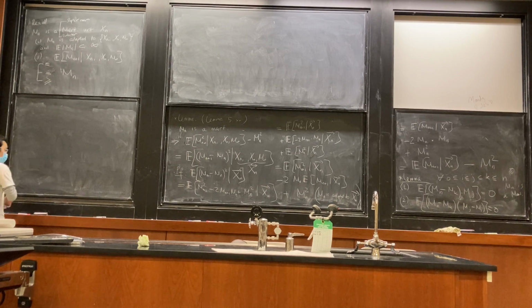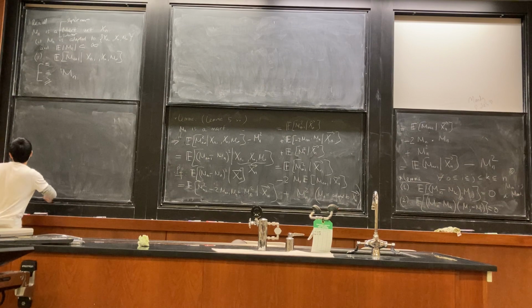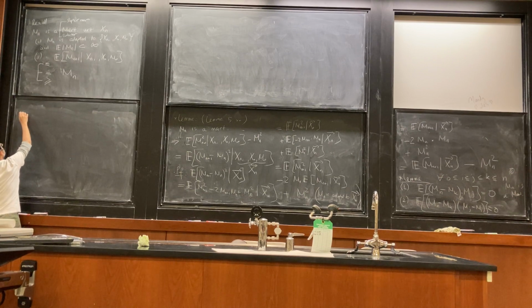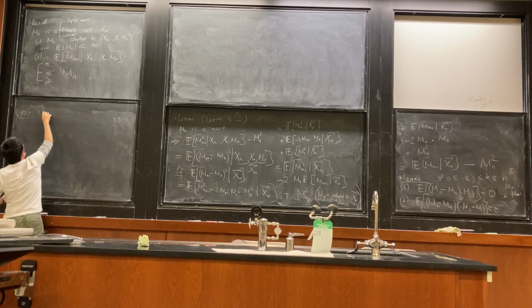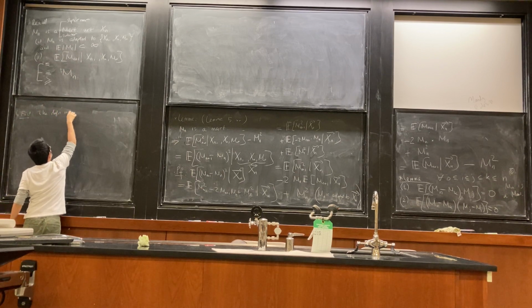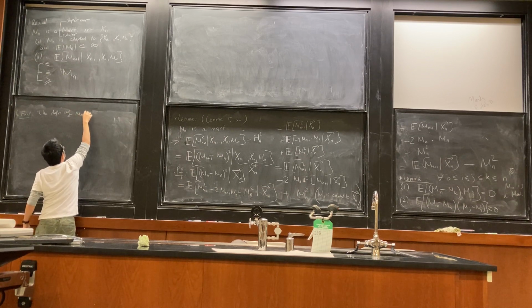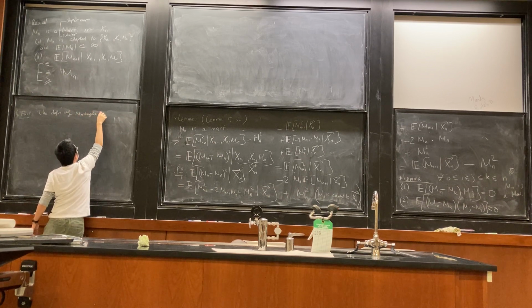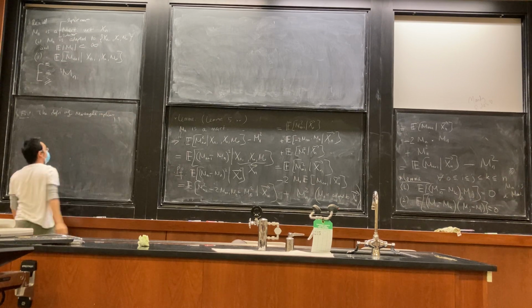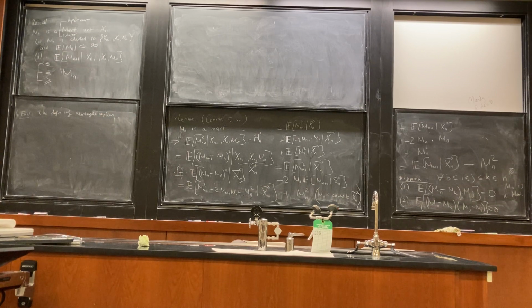To do this problem, we actually need a property. Before I discuss that, I have a fact here. The definition of martingale indeed implies the following. As you can see, the definition of a martingale is that the next step conditioned on the past gives the current step.